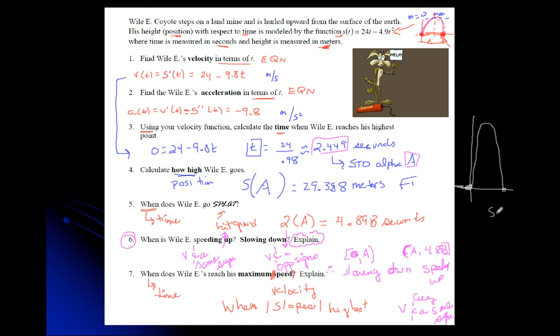Splat. Now remember, he's not following that path. He's going straight up and then back down. Splat. This is just because time is spread out. Time 0, time 4.8-ish. There's the symmetry. We found out this was about 2.5, approximately.